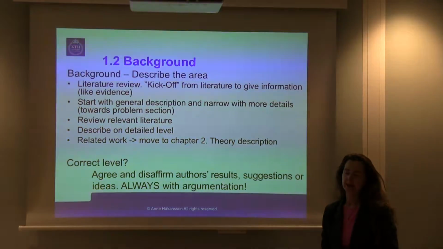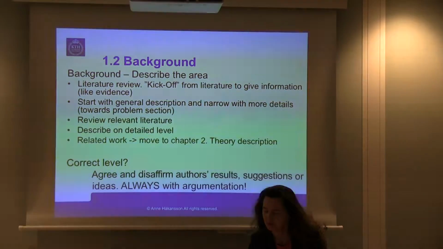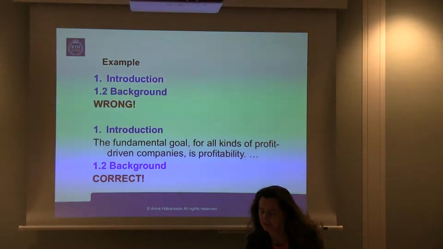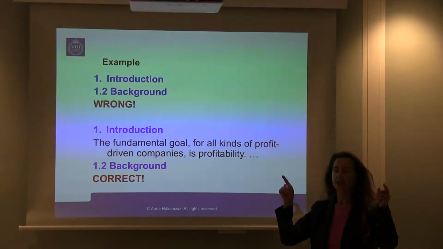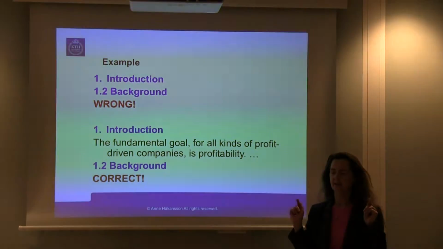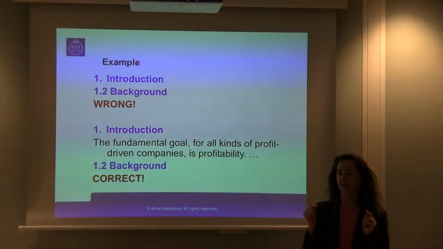And in the background you describe the area. I want to show you one thing before moving further. I often see an introduction that is chapter 1 and then 1.2 is background, directly title under subtitle.